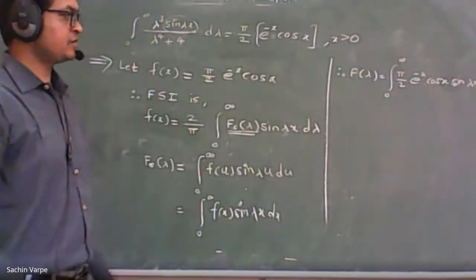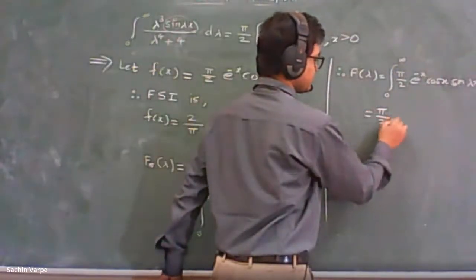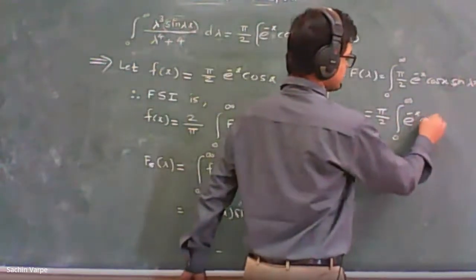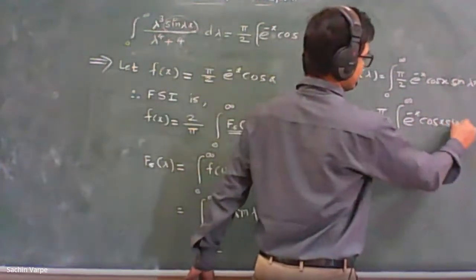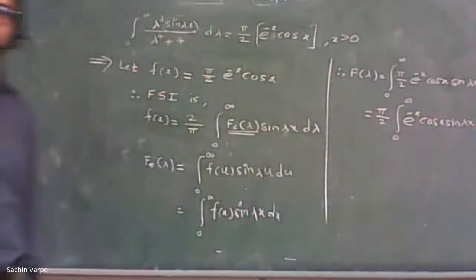Is it correct? So that will be equal to pi by 2 times integration from 0 to infinity e to the power minus x cos x sine of lambda x dx. And now how to proceed further?